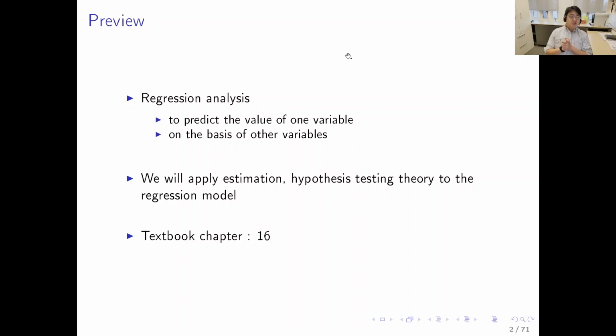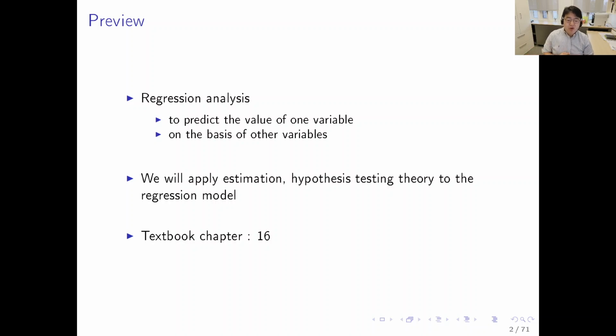Regression analysis, simply speaking, is a prediction. We'd like to explain a variable of our interest, the outcome. And to predict that, we need to utilize other variables. So using other variables, we'd like to explain the outcome.